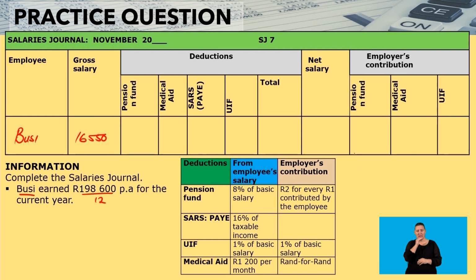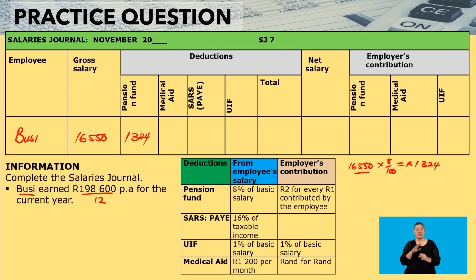That means I'm going to take my basic salary, which is 16,550. I would then calculate 8% of that. Please punch that in your calculator, 16,550 multiplied by 8%, you get 1,324.